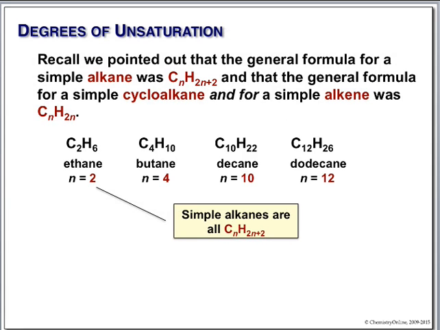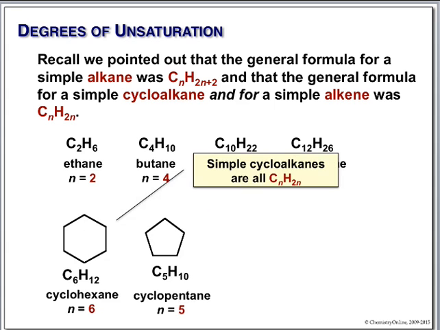If you look at simple alkanes, for ethane, we have 2 carbons and we have 6 hydrogens. Butane, we have 10 hydrogens, then 22 hydrogens, 26 hydrogens. This follows the sequence down here of CnH, where n is the number of carbons. The number of hydrogens will always be twice that, plus 2 more. This is pretty much the definition of an alkane.